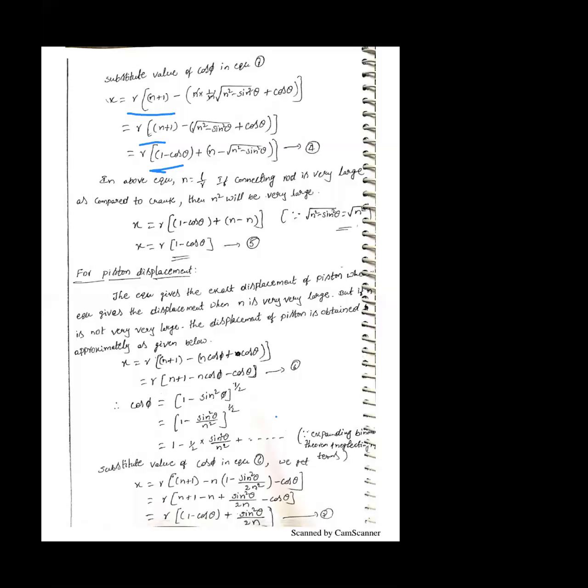Then 1 minus cos theta plus n minus square root of n square minus sin square theta; we may change the equation this way. When we get this equation, all of you observe that it is the displacement of the piston. In the above equation, n equals L by R.